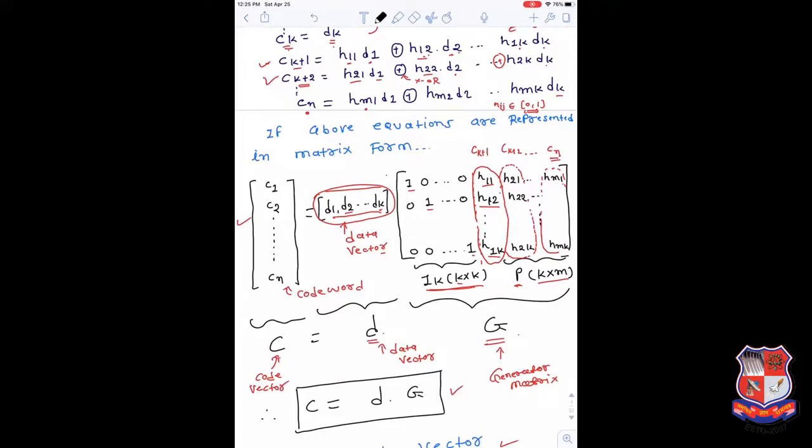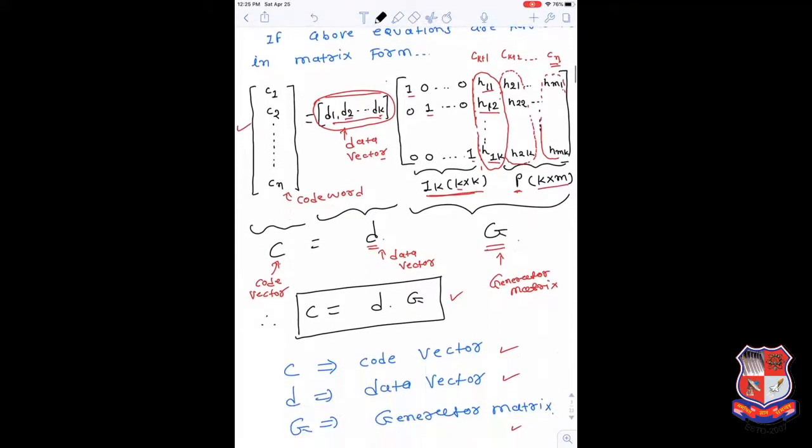The parity matrix is a matrix with coefficients hij, where hij belongs to 0 and 1. The user is free to choose the generator matrix of their own choice, but he or she must take care that the same generator matrix is shared between transmitter and receiver. So code vector C is the multiplication of data vector D and generator matrix G.